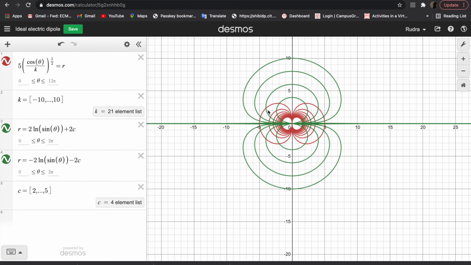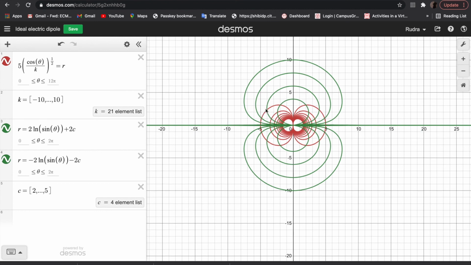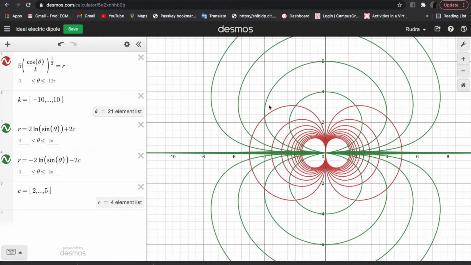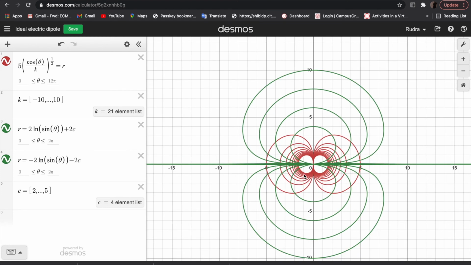And if you notice, they're always perpendicular. I might want to zoom in here. See this tangent vector is always perpendicular to this electric field vector, and that's true at any point where they intersect like this. So this is really what the electric field and the electric potential of an ideal electric dipole system looks like.